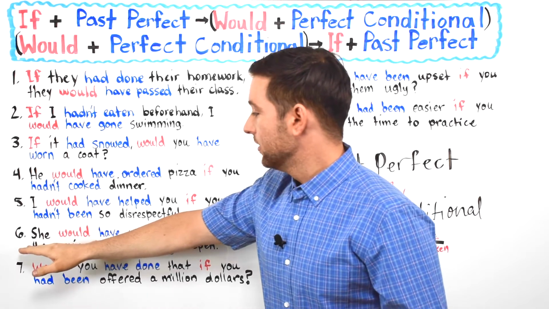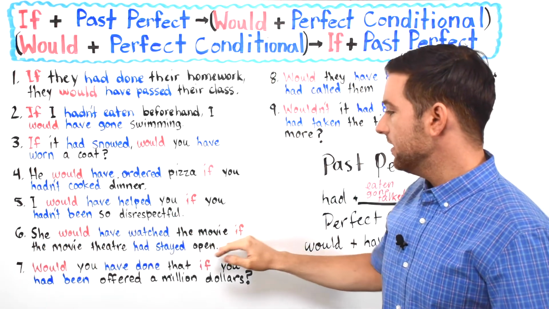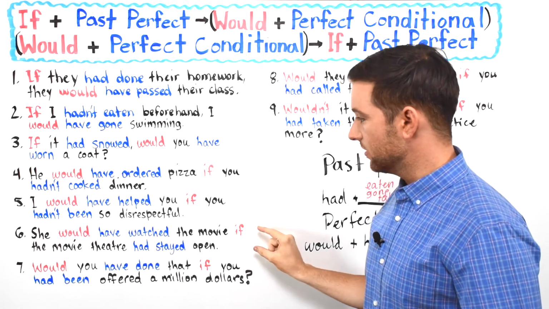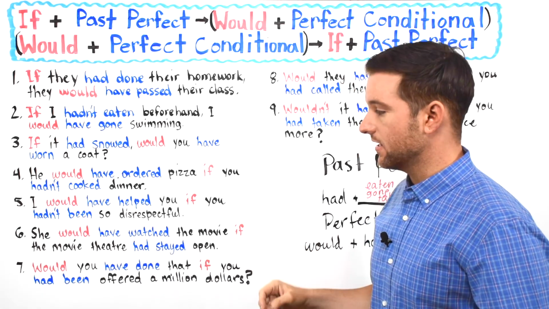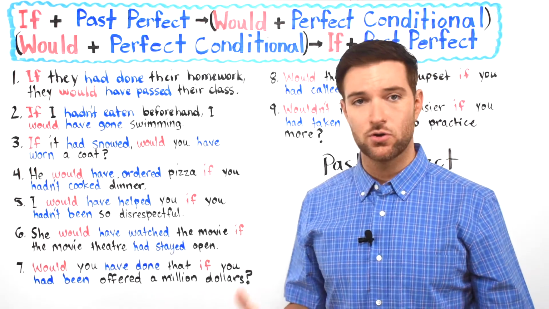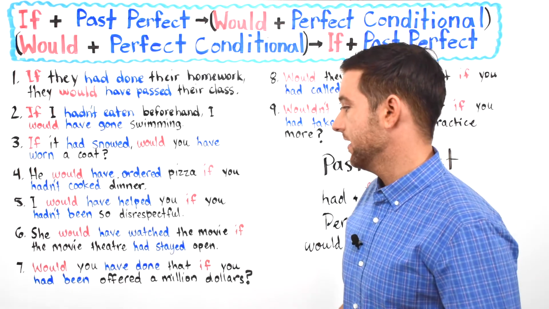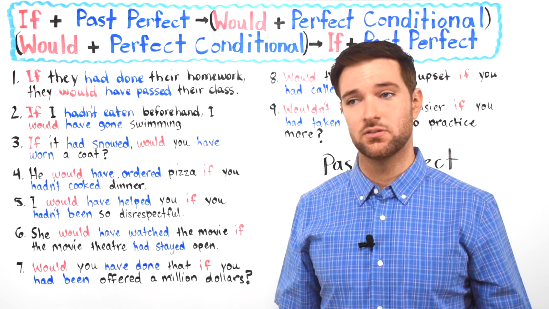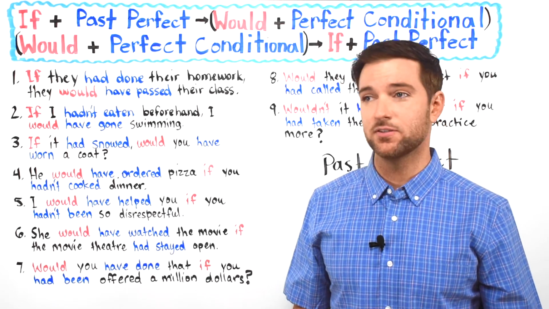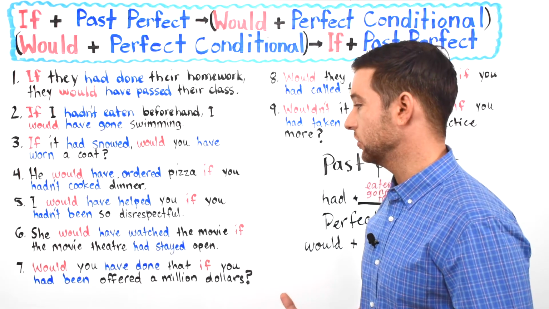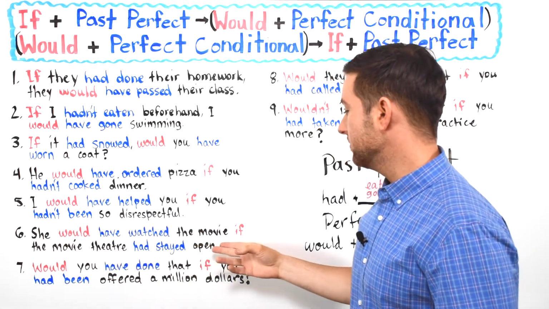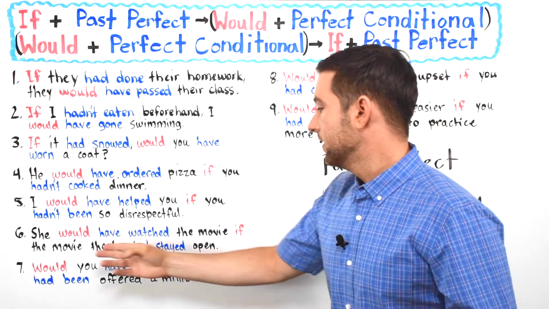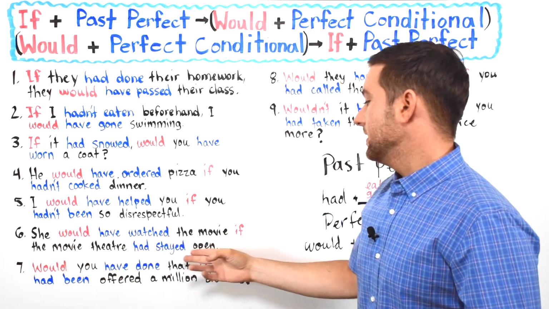Number six, she would have watched the movie if the movie theater had stayed open. This one's good, especially during these times, because we're talking about coronavirus times, right? And everything is shut down. The movie theaters are closed, businesses are shut down, people don't have jobs. She would have watched the movie, so a new movie comes out, but the movie theater is closed.